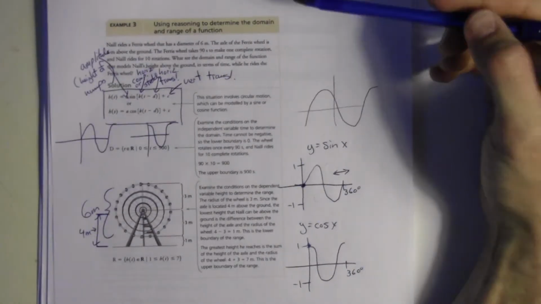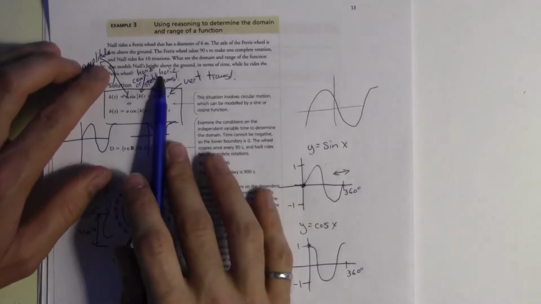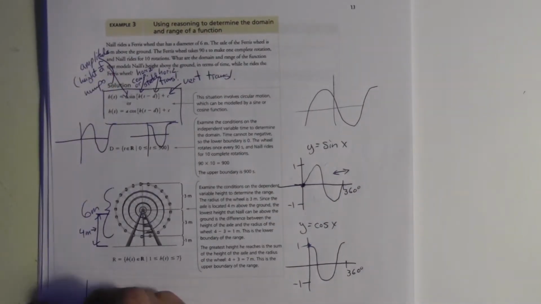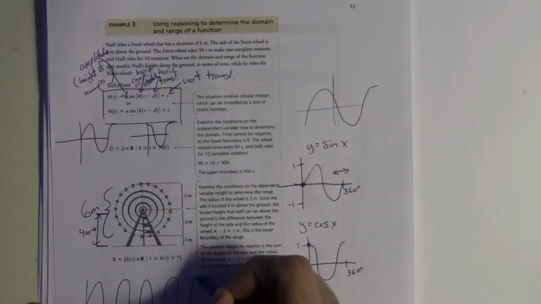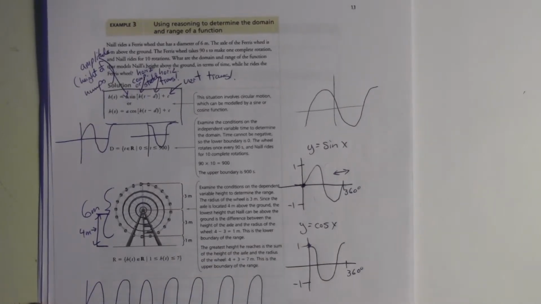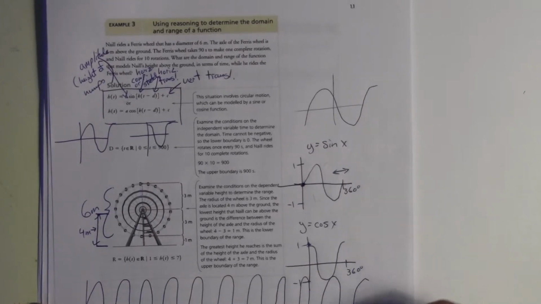The Ferris wheel takes 90 seconds to make 1 complete rotation, and Neil rides for 10 rotations. So if he's riding for 10 rotations, our graph is going to be like this 10 times, right? Because he's going up and down 10 times. So that's 1, 2, 3, 4, 5, 6, 7, 8, 9, 10.